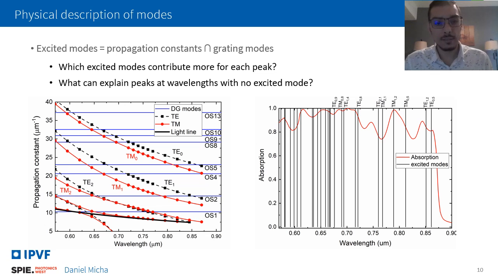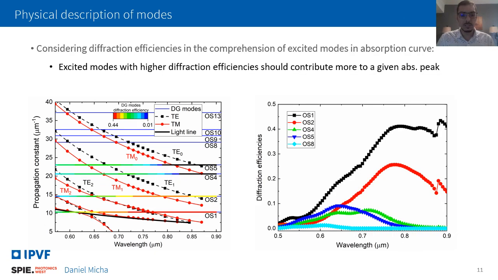We don't know yet how much energy is being directed to each excited guided mode. So we now are going to add a new contribution to this framework, which is the calculation and use of the diffraction efficiencies.